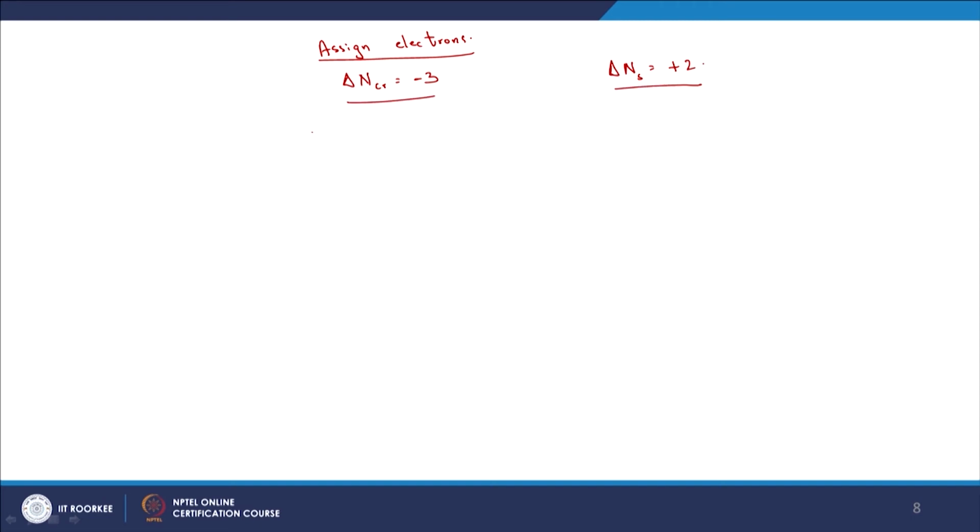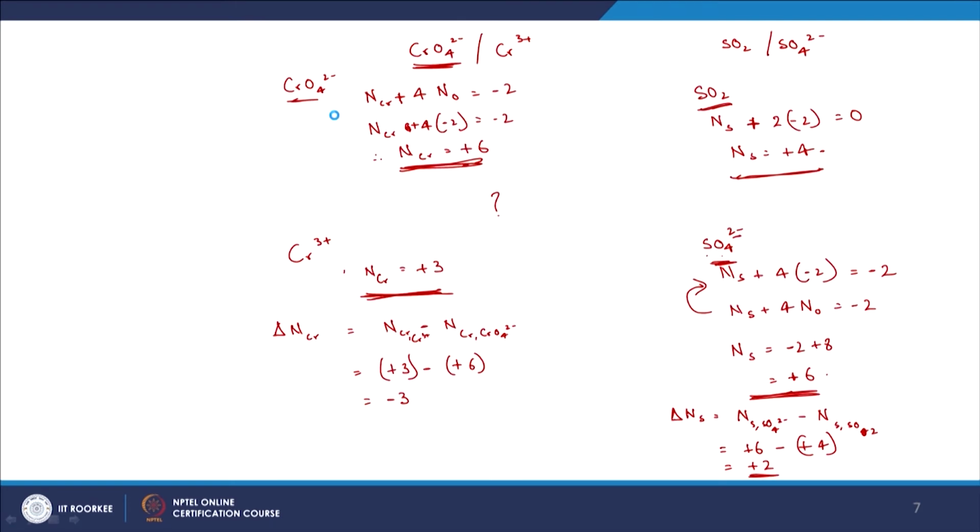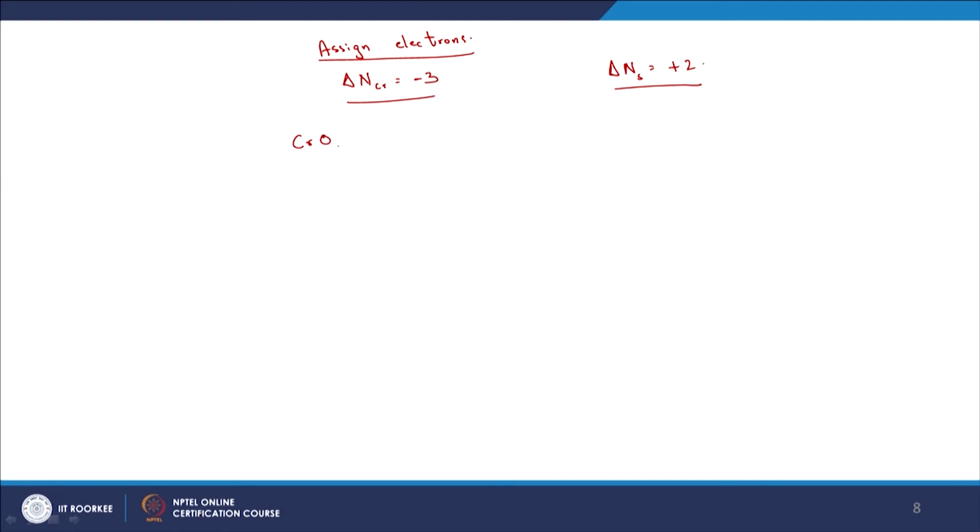So obviously now I'm going to have to assign the electrons, and I know that we started out with CrO4 2-, right? CrO4 2- is going to Cr3+, right? Yes, and here obviously it was with respect to SO2, right? Going to SO4 2-, right? So obviously now I need to assign the electrons.